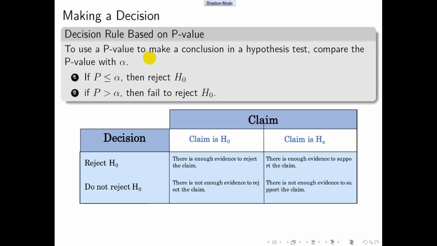If we fail to reject the null hypothesis, it means that we need to reject the alternative hypothesis, or we need to reject our claim. So depending on whether we're rejecting the null hypothesis or the alternative hypothesis, we need to decide whether we support or reject the claim, because the claim is not always the null hypothesis. It is possible that it is the alternative hypothesis as well.